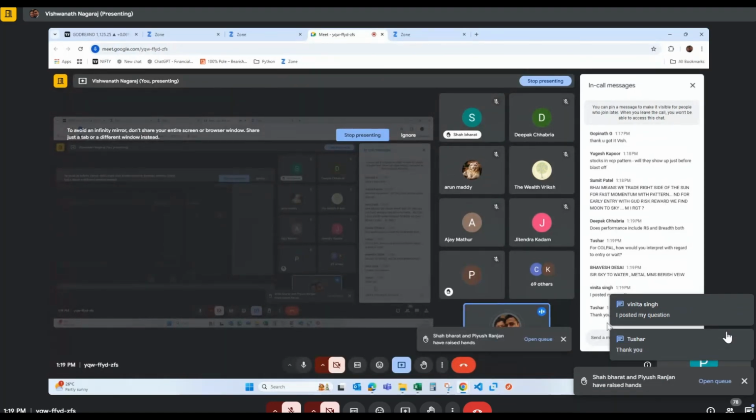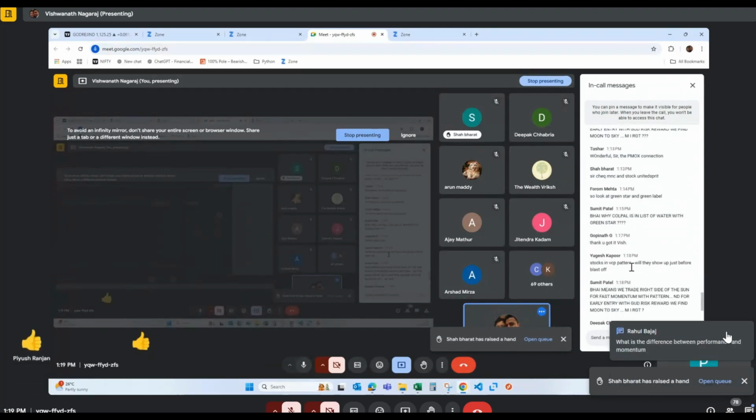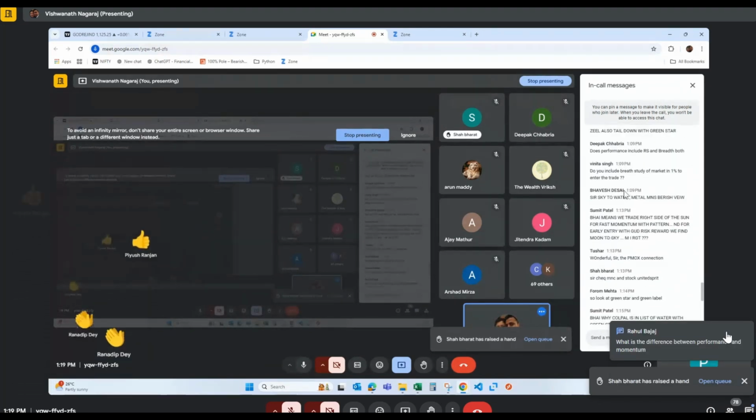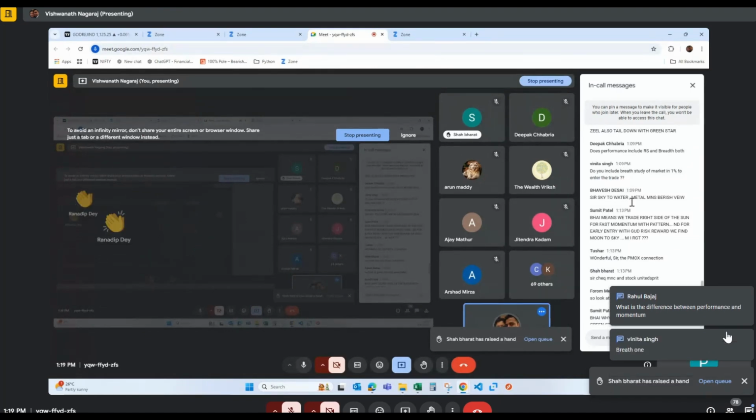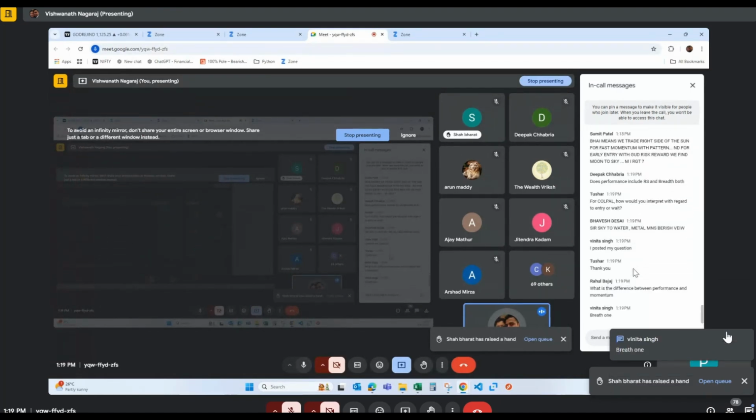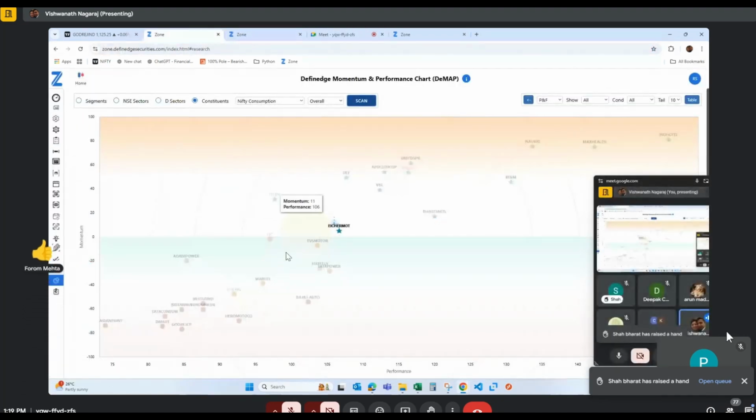Okay, you posted your question. I think I missed it, or I don't know. Do you include breadth study in market? Breadth study, yes, I will, but it depends on what kind of entry am I getting, right? Because this, if you ask me, this is breadth. This is telling me the overall market, whether this particular sector.